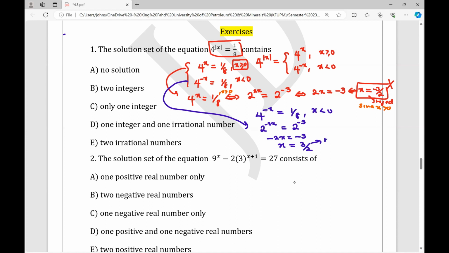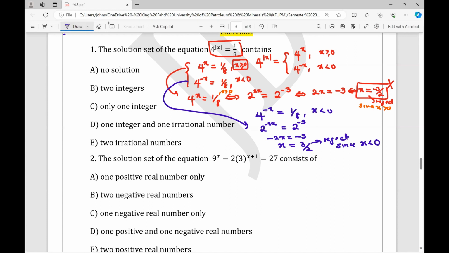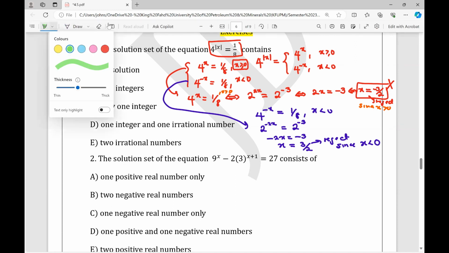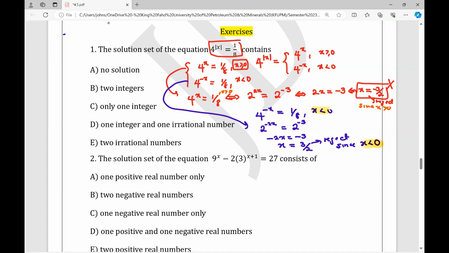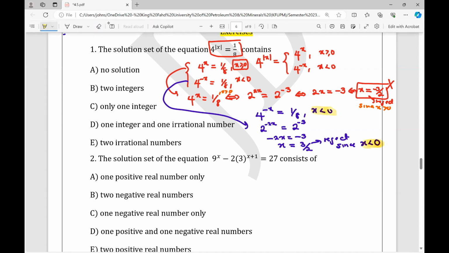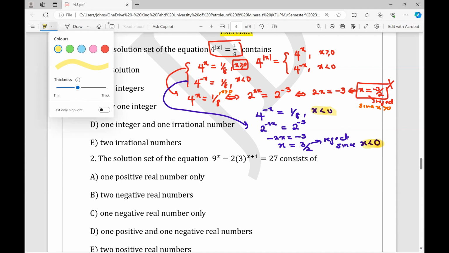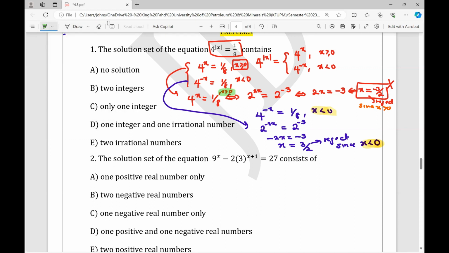But this also we have to reject. And why are we rejecting? Since remember, the x has to be less than 0, and here we have x greater than 0.